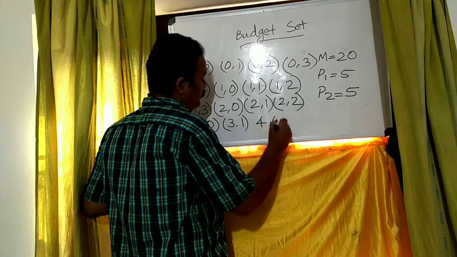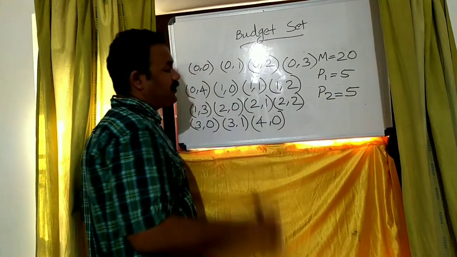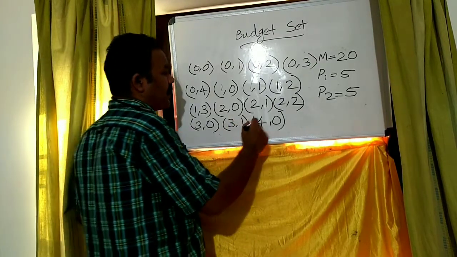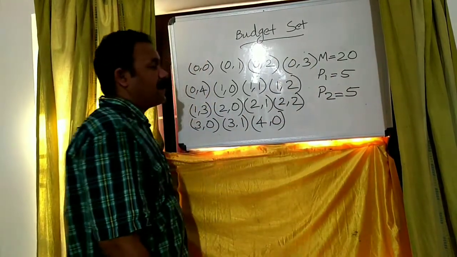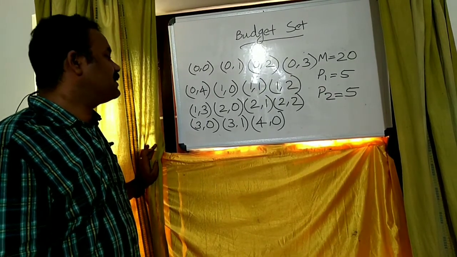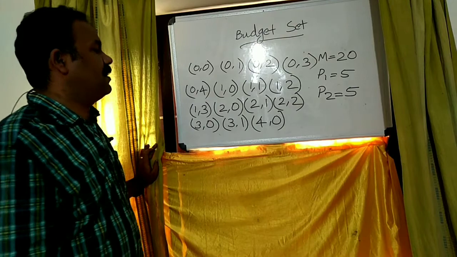4, 0. 4 units of the first commodity. Then what is the total expenditure? 4 into price of the first commodity, 4 into 5, that is 20. So we can write bundles like this.